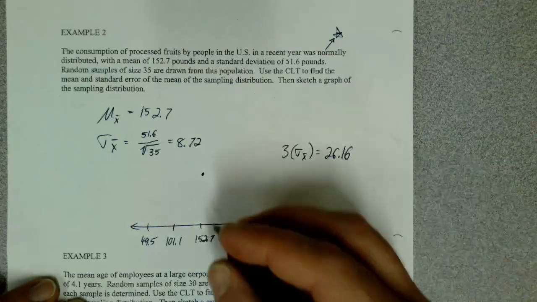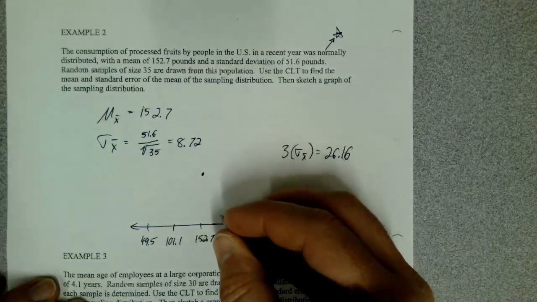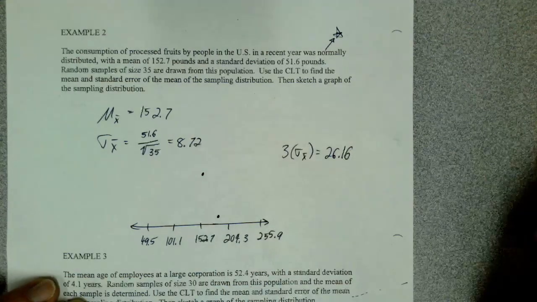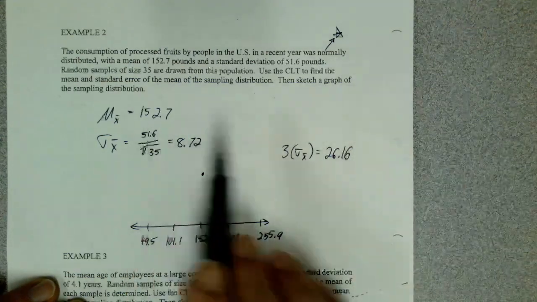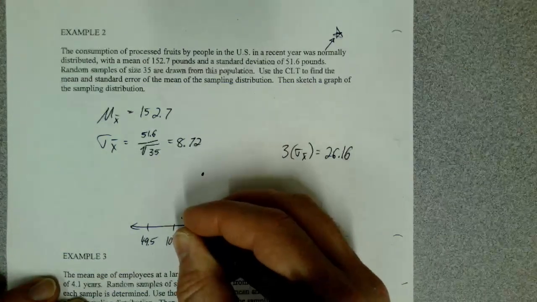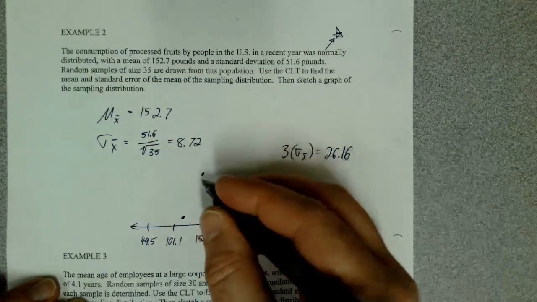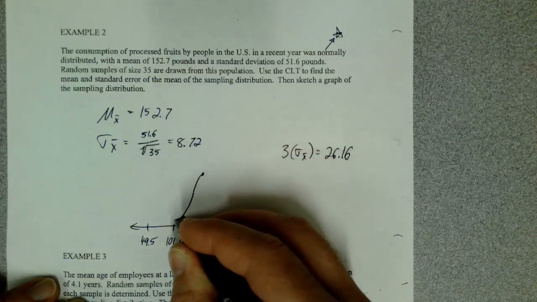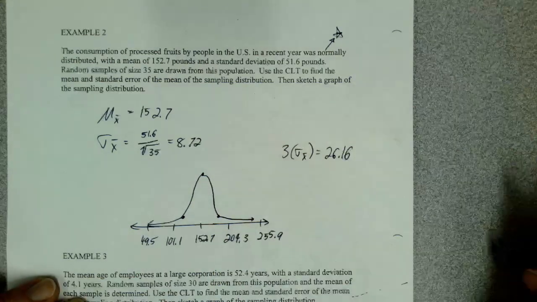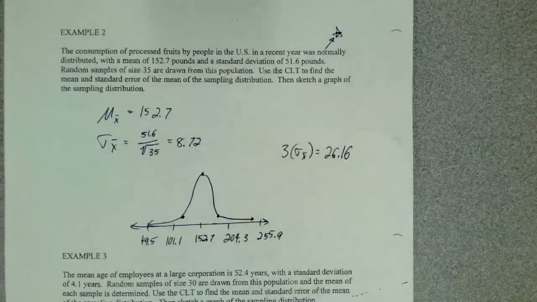So that's going to be right about here. All right, and then subtracting 152.7 minus 26.16 would take us to 126.54, which will be right about there. All right. Put your graph in, being careful not to run into that x-axis, and we're good to go.